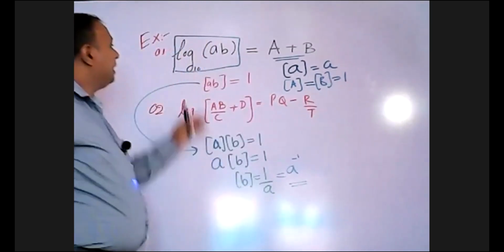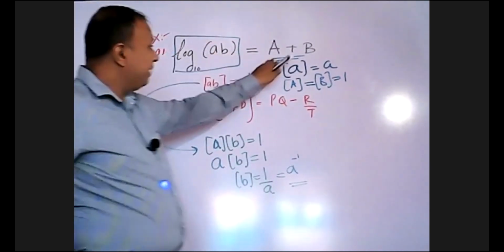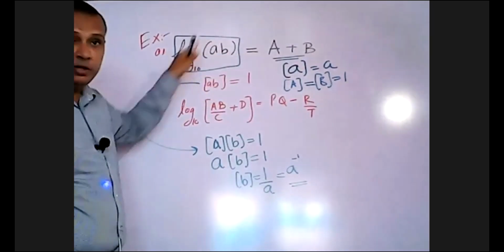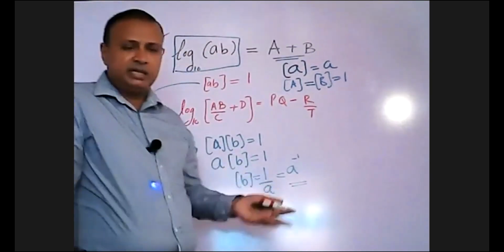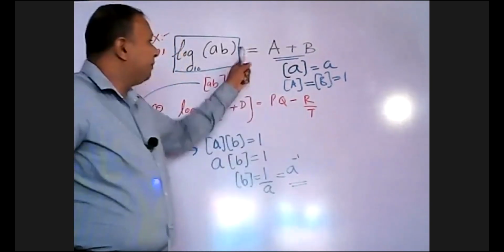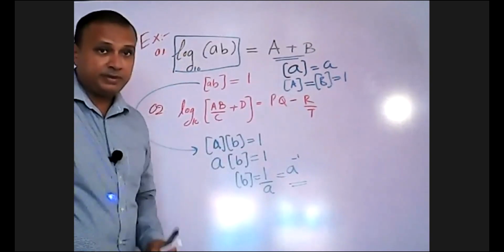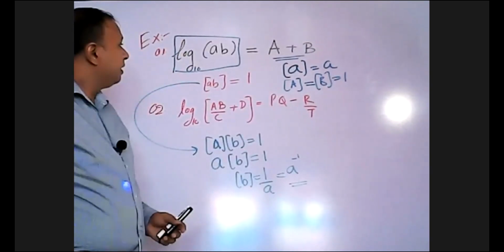Okay. Puta, this is a logarithm function, no? A plus B is equal to a logarithm function. So if it is a logarithm function, it is a number. So A plus B is equal to a number.